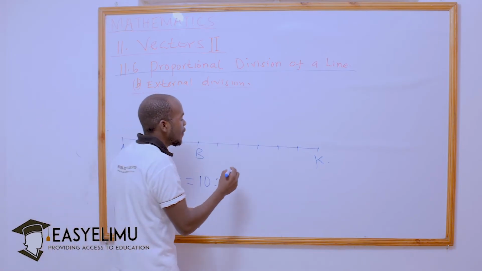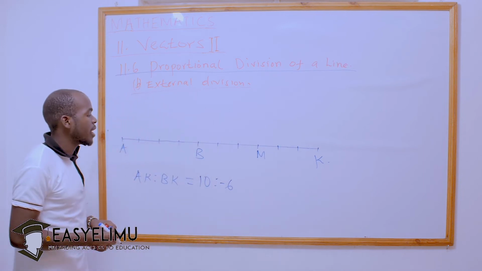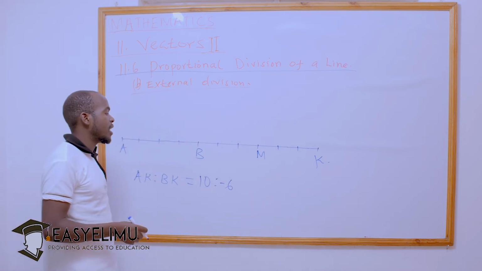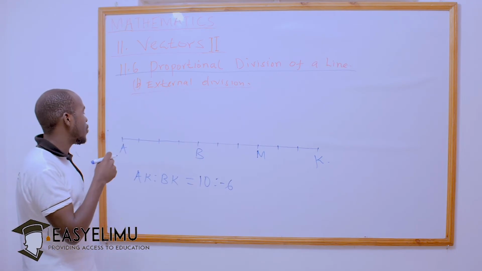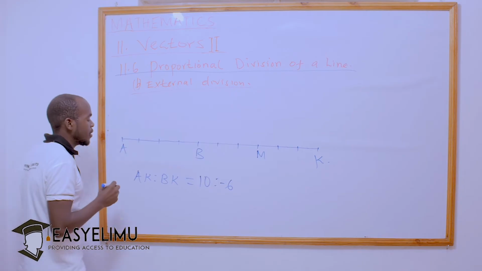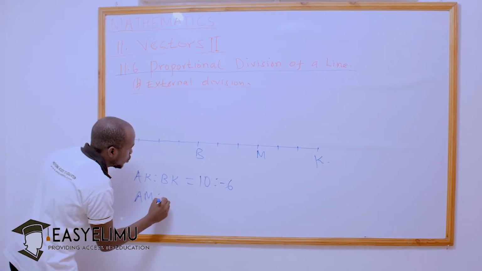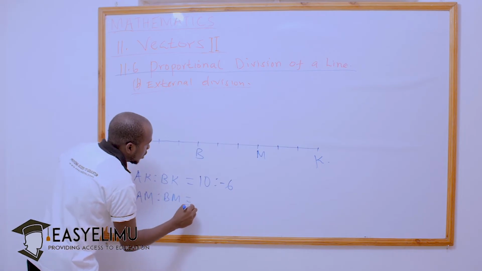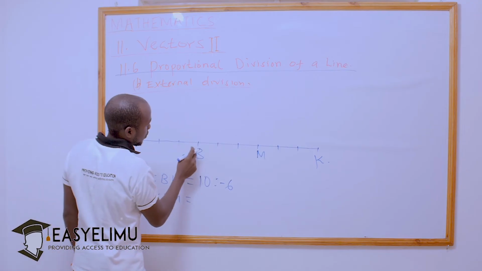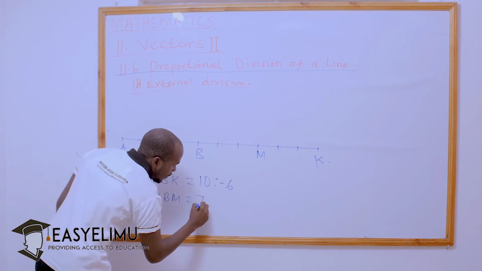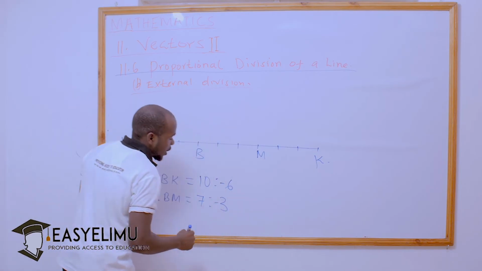The same way, we may have another point, let's say point M. We may also calculate in which ratio M divides line AB. You will find that it will divide line AB in the ratio AM to BM as 7 to negative 3.